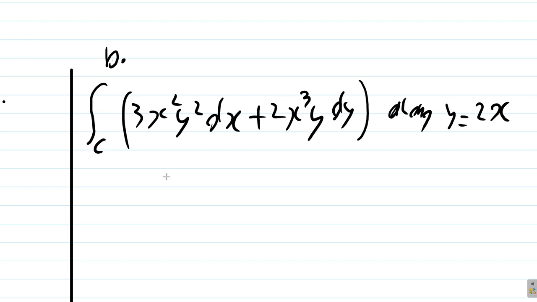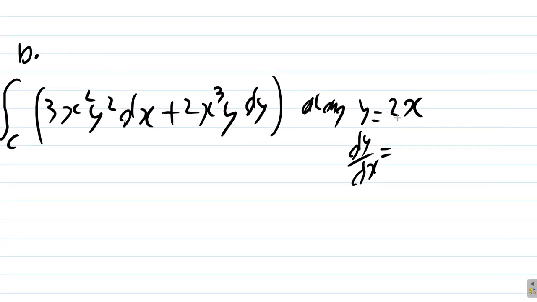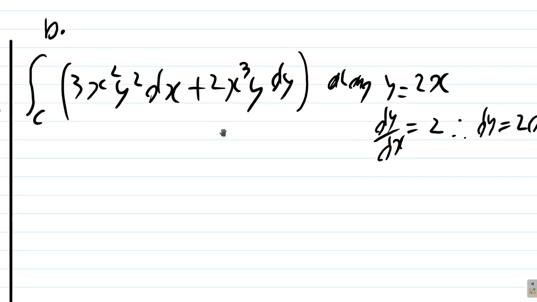Along y equals 2x. Alright. So if y is 2x, dy by dx is equal to 2. So therefore, dy is equal to 2 dx. I want to fix that up from now, because I know we're going to have to change the dy.